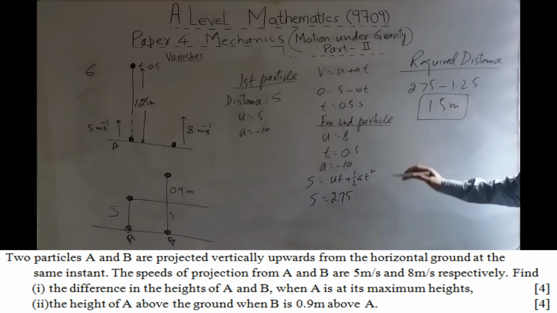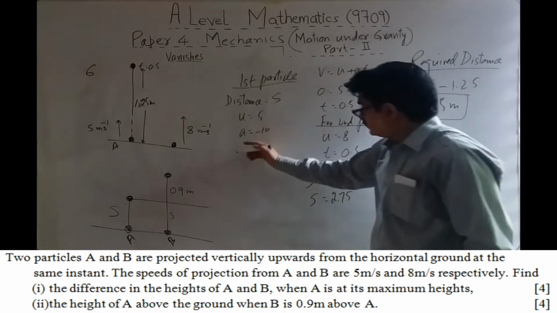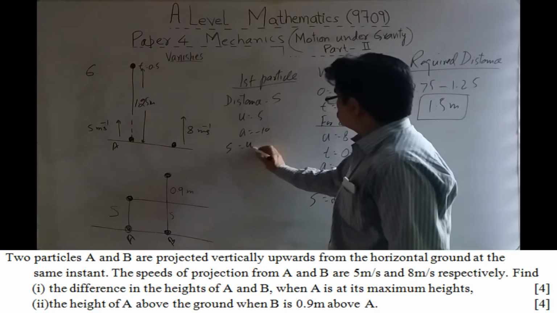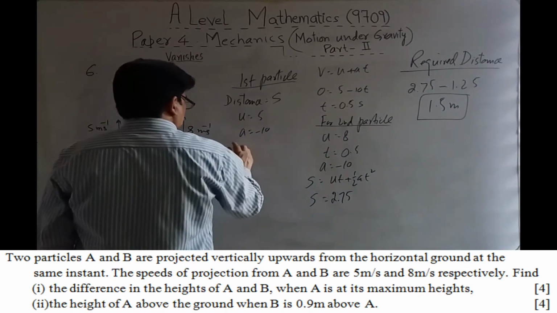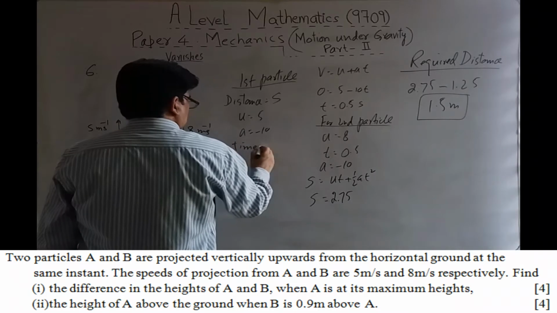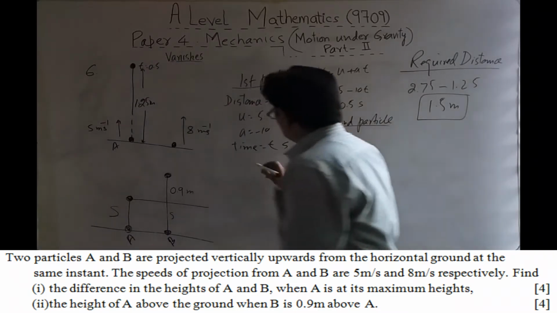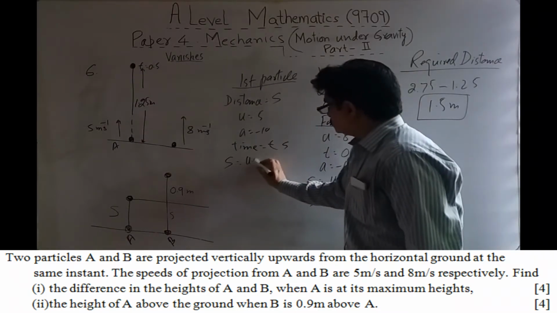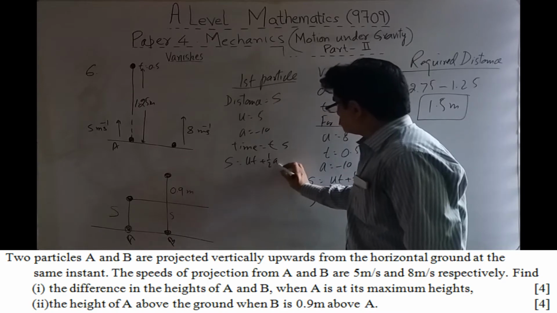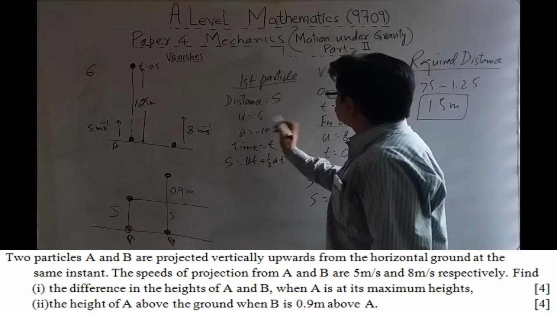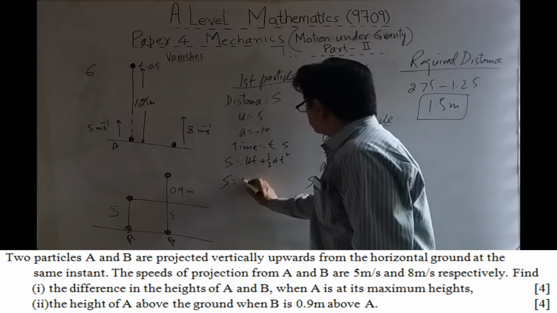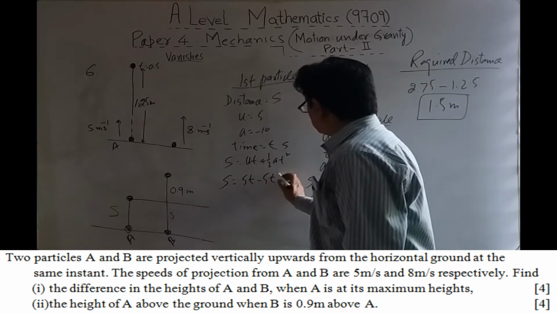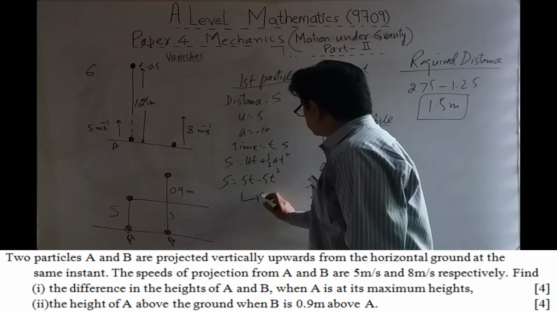So now, as the time is the same, say it is t seconds. Applying the formula, s is equal to ut plus half at square. Putting the values, s is unknown, t is unknown, so it is 5t minus 5t square. This is your first equation.